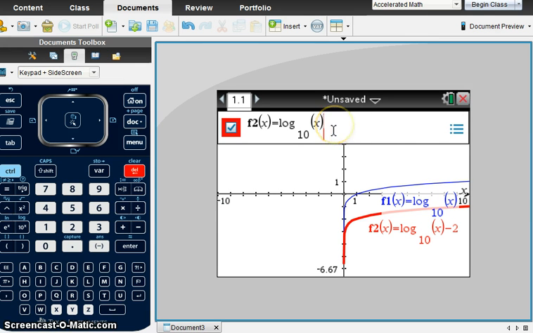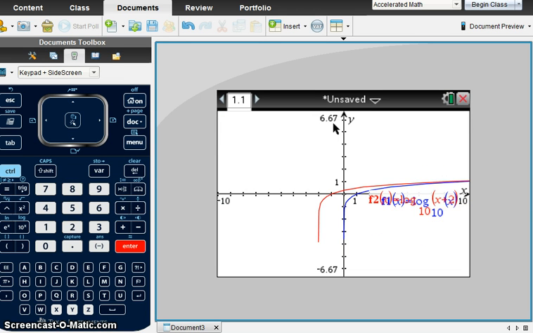All right. Well, what if we want to do a horizontal translation? Well, we're going to add into the "of" part of our function. In other words, it's whatever is in the "of." So if we add, let's say 2 into this, it's going to shift 2 to the left.